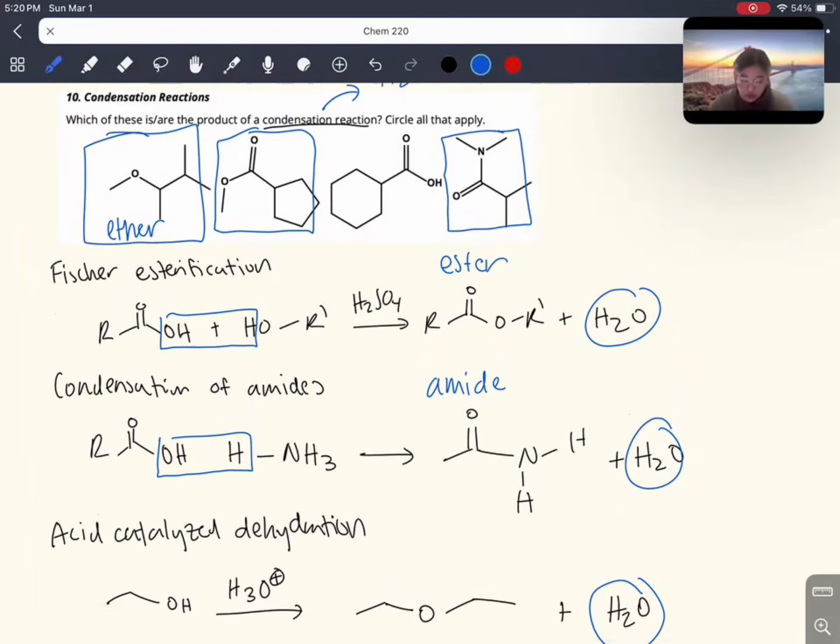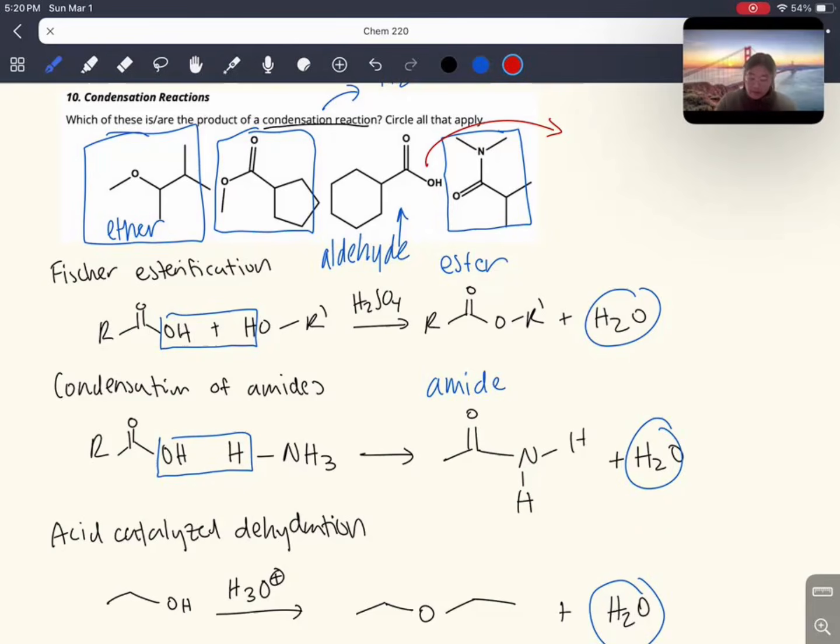And now we just have to look at this last one. This last molecule has an aldehyde functional group. And so now we have to ask, is it possible to form an aldehyde from a condensation reaction? Technically, yes, it is possible to form an aldehyde functional group from a condensation reaction.